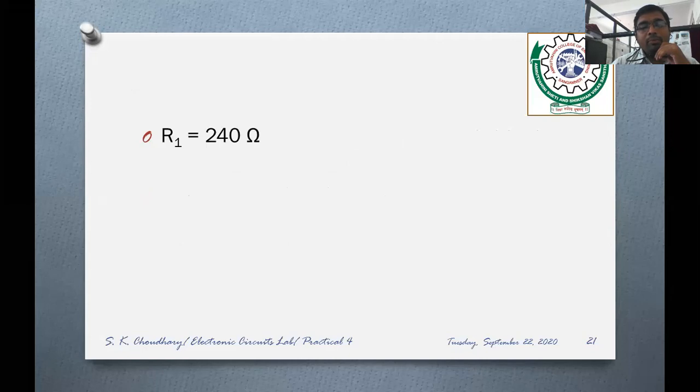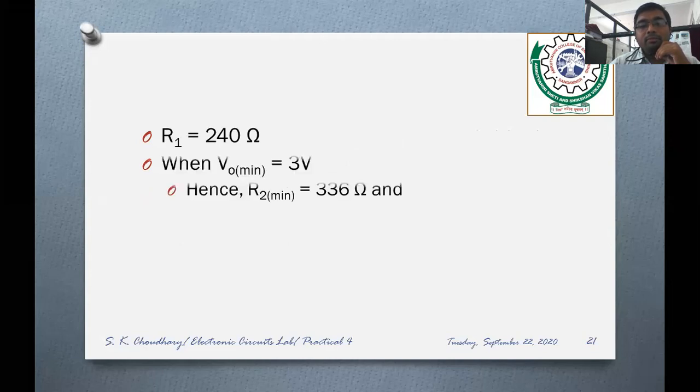Here we assume that R1 is a fixed value, 240 ohm, so only R2 needs to be found. Just substitute all the values in the equation and you can easily find the value of R2 for the minimum voltage 3 volt and the maximum voltage 12 volt.